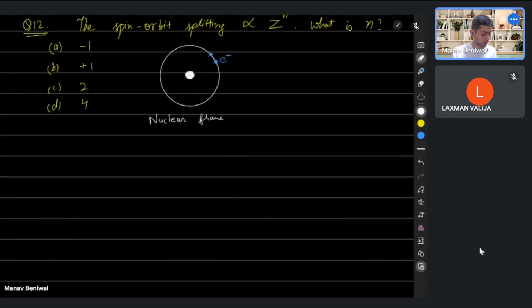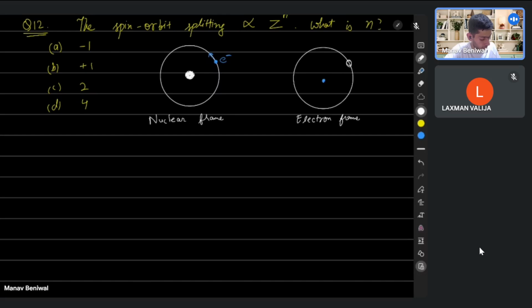Now what we can do is we can also observe from the electron, because it is just a frame of reference. We can change our frame of reference from nuclear frame to electron frame. Now what will happen in the electron frame? The electron will appear to be at rest in the center, and we will have the same orbit.